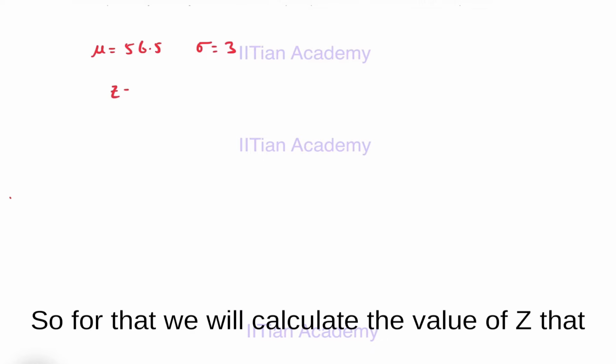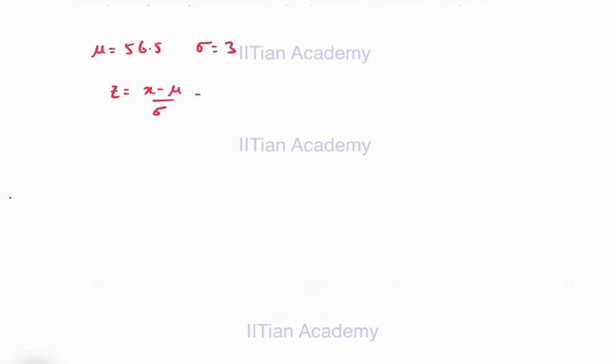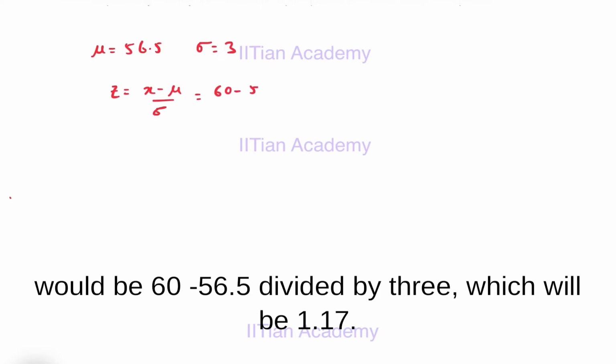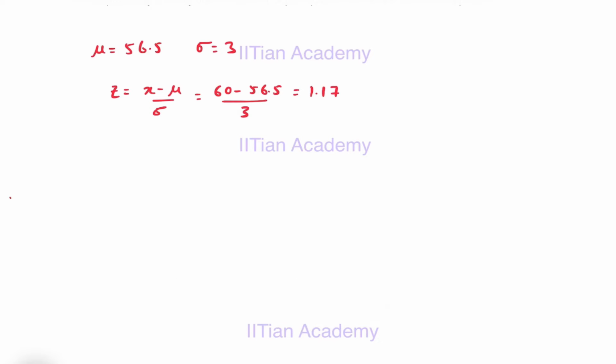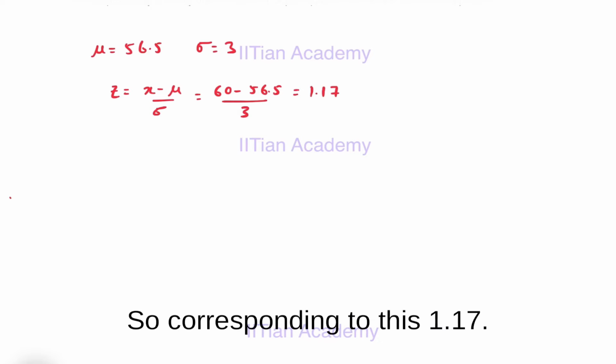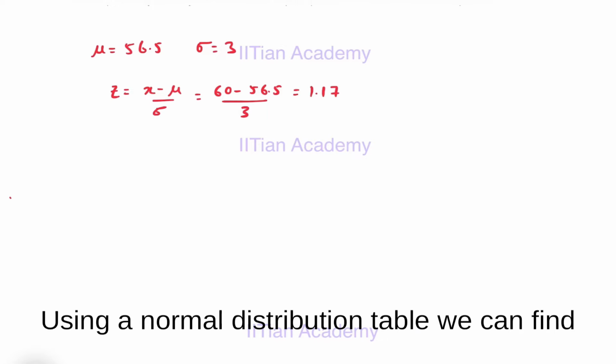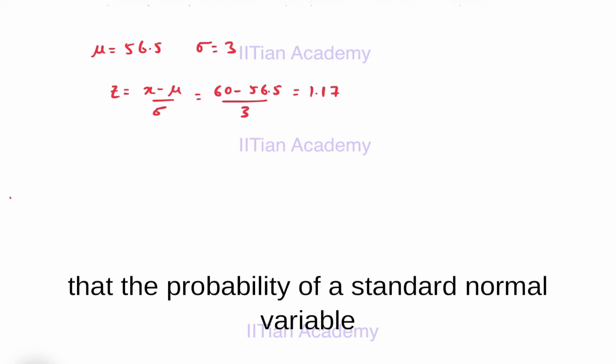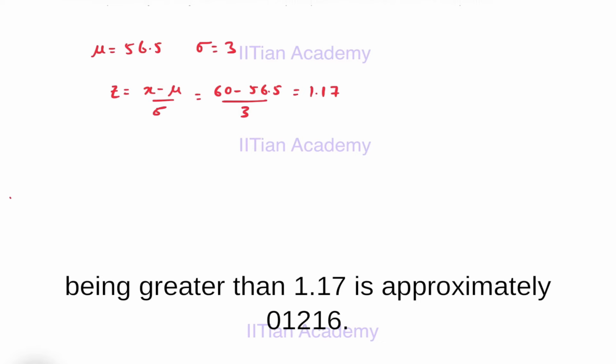So for that we will calculate the value of z, that would be 60 minus 56.5 divided by 3, which will be 1.17. So corresponding to this 1.17, using a normal distribution table, we can find that the probability of a standard normal variable being greater than 1.17 is approximately 0.1216.